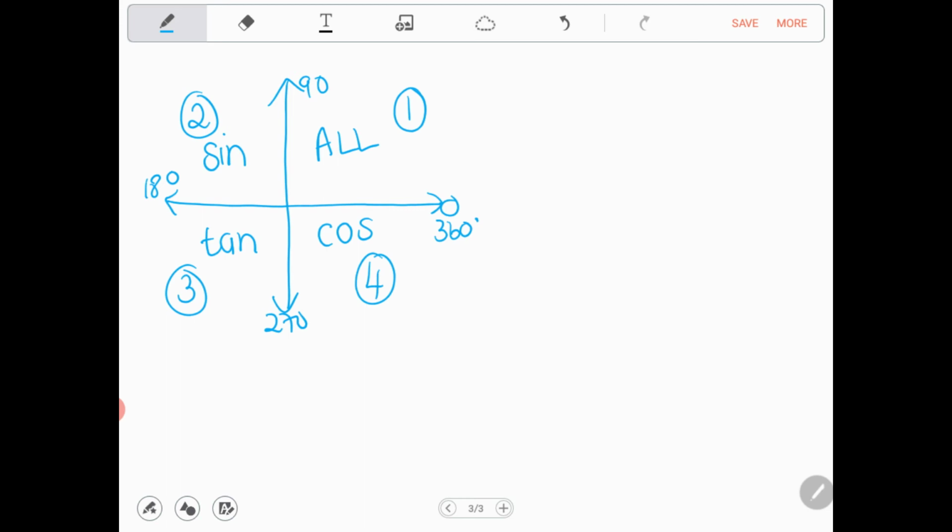Okay, and this CAST, that's why we call it a CAST diagram. So, okay. You can also remember that if you want to start from quadrant 1, you could do All Students Take Care.